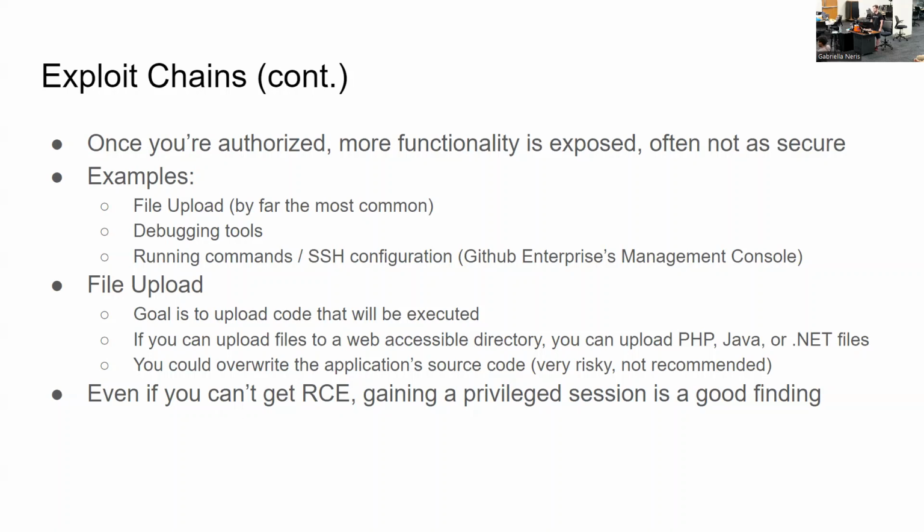You could also potentially overwrite the application source code, which is very risky and not recommended because you could completely break it. And there are a bunch of other ways, but you have to get kind of creative with it. But even if you can't get remote code execution, bypassing authorization is a very good finding.